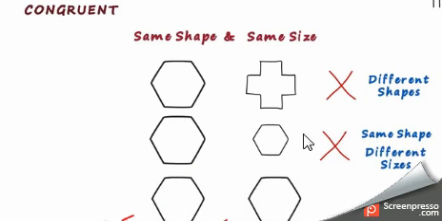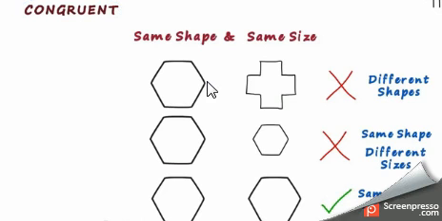If I have this hexagon and this hexagon, are they congruent or not? Mister, they have the same shape and the same size. Excellent. So they will be congruent, having the same shape and the same size.